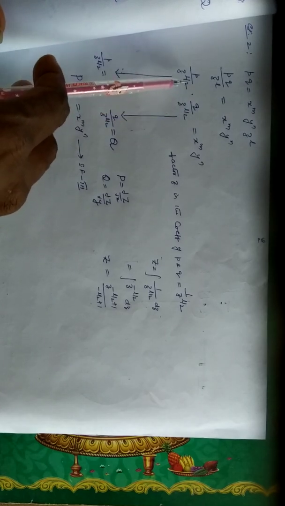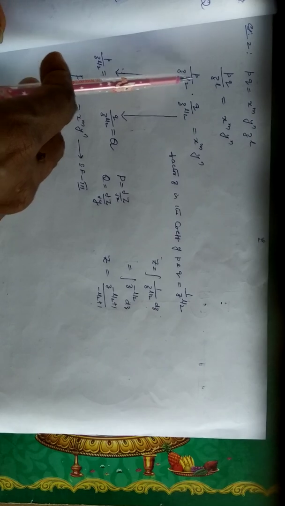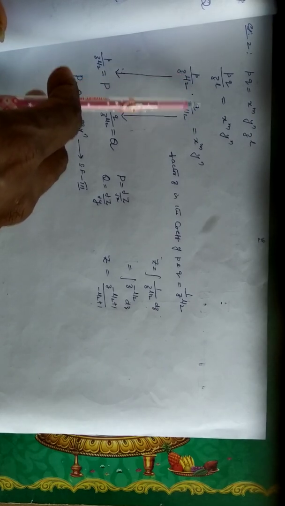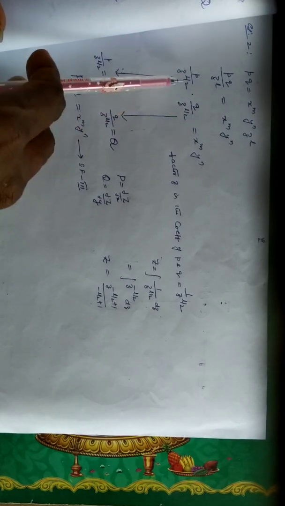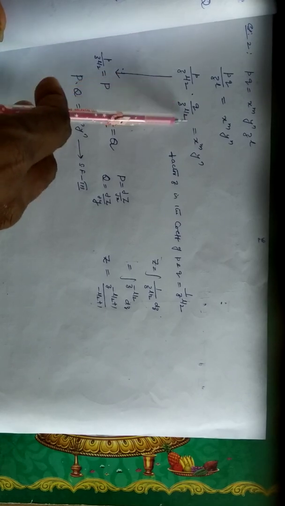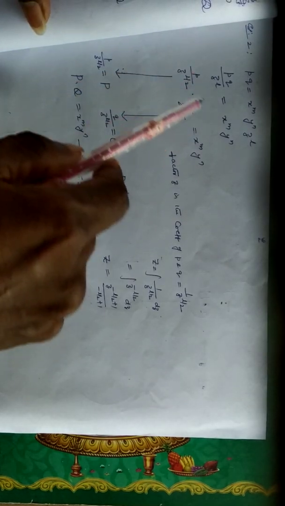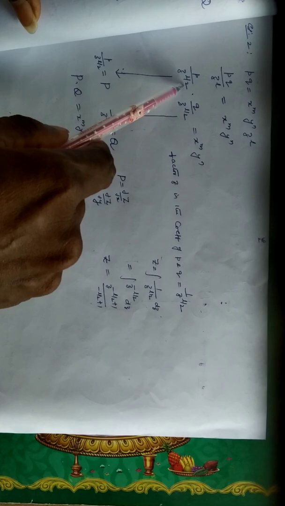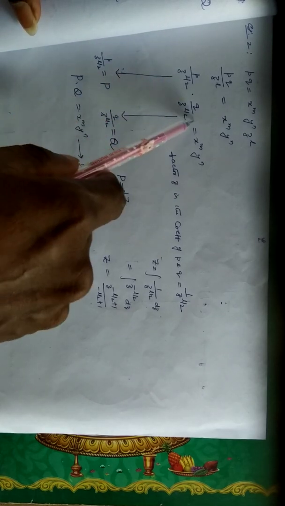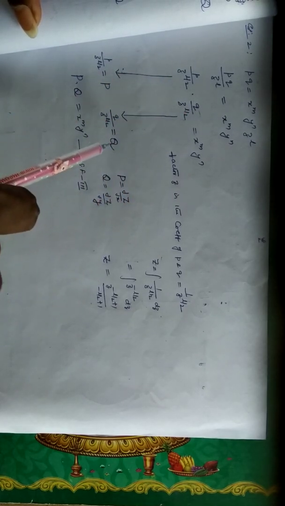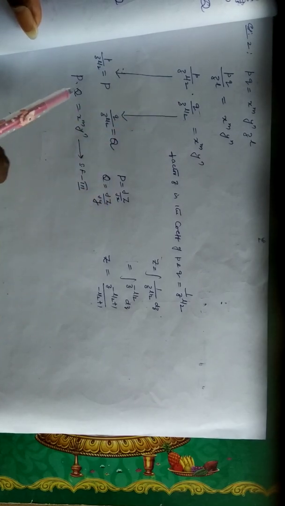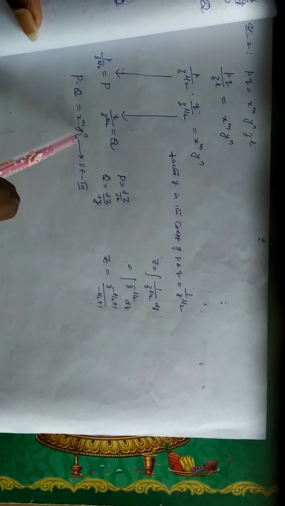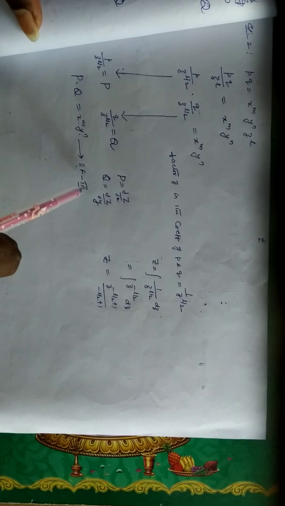Hence in this case, the appearance of z with p and the appearance of z with q are both the same. Now, if we replace small p by z power l by 2 equal to capital P, small q by z power l by 2 equal to capital Q, then the given PDE becomes P into Q equal to x power m into y power n. This belongs to standard form 3.